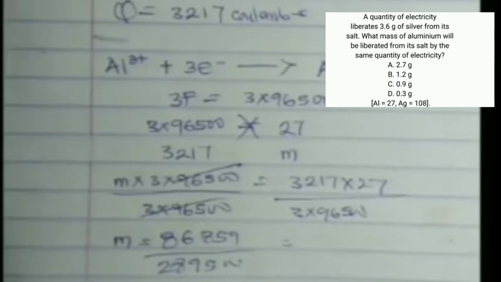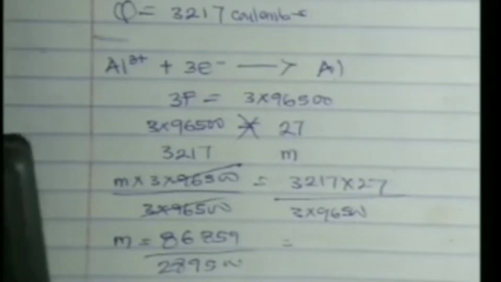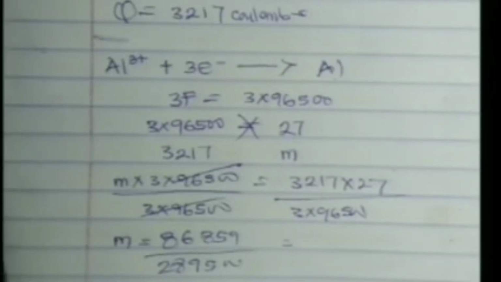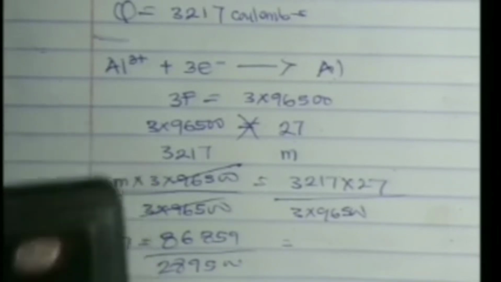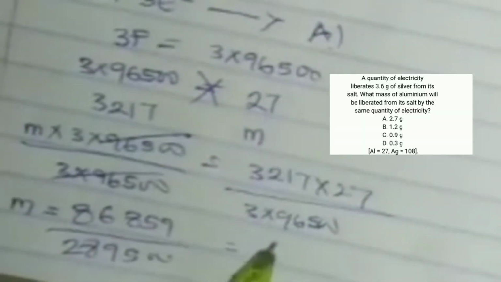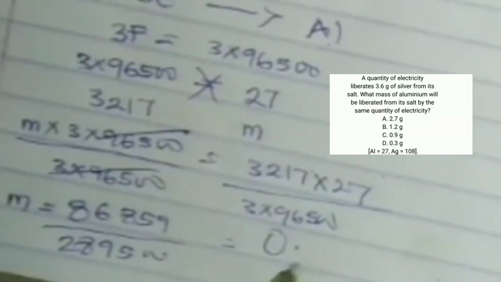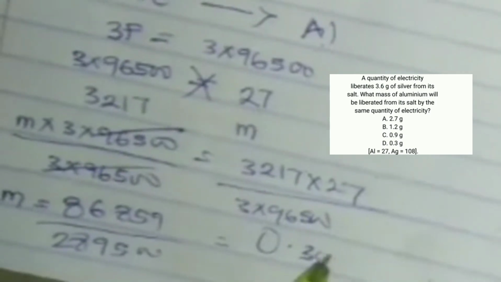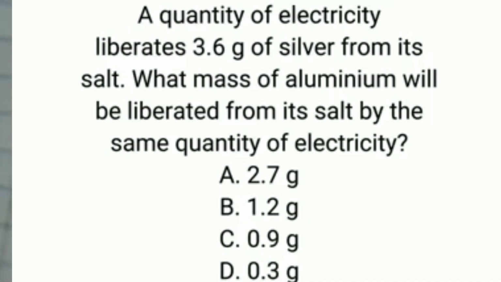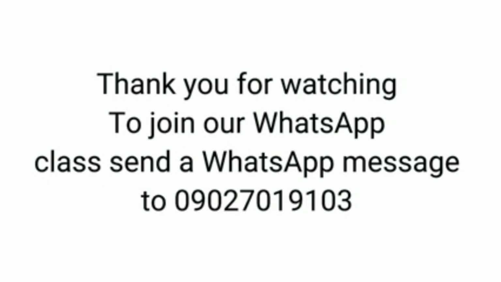So let's divide 86,859 by 289,500, and then we'll have our answer to be 0.3 grams. So this is the mass of aluminium that was deposited when the same quantity of electricity, which liberated 3.6 grams of silver, was used to liberate the mass of aluminium.